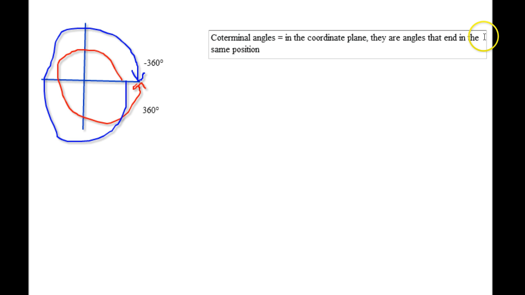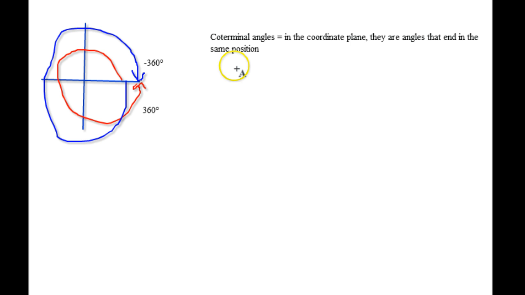So, for example, let's make this look nice and neat. If I had this angle right here, and let's say that this was 45 degrees. Okay, so that was 45 degrees.